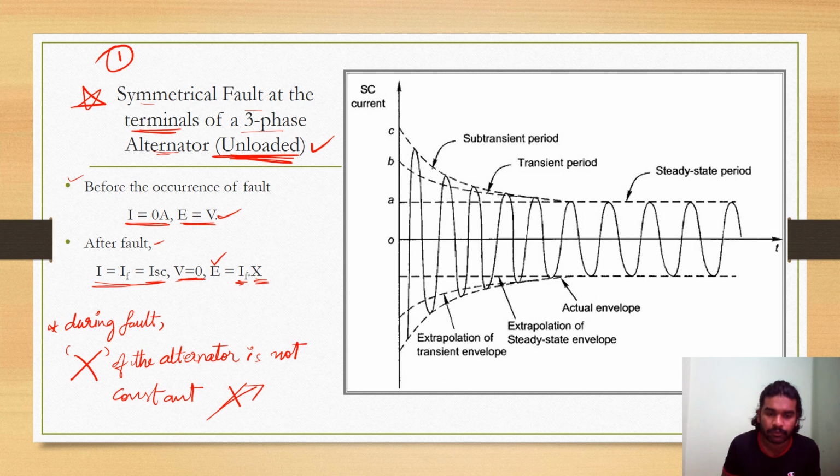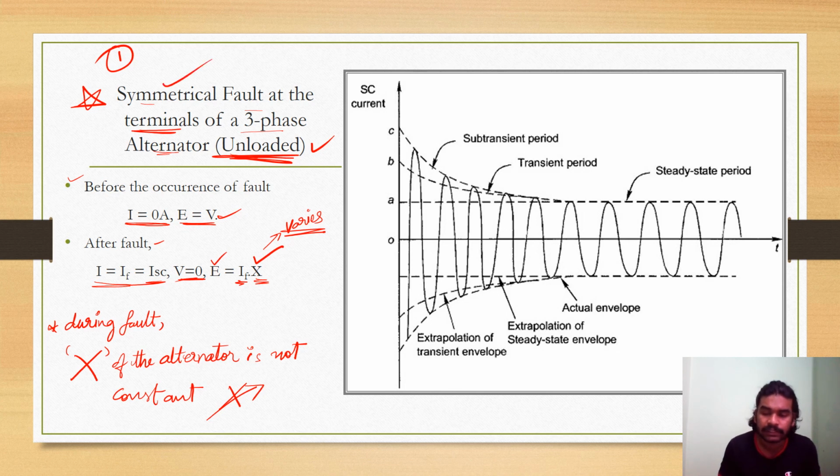It is a variable quantity, it keeps on varying. When the fault occurs, this particular reactance varies at different points of time. It will have different values. We will be seeing that in the next slide.